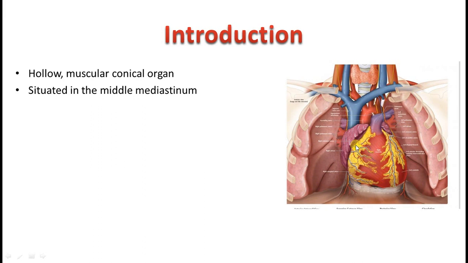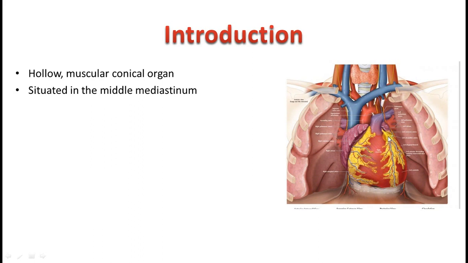When you look at the heart from the front, it appears like this. Not all four chambers can be appreciated at once, as depicted in some books. Mainly from the ventral surface, the vast area visible from the anterior is the right ventricle.